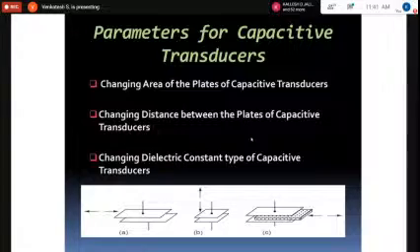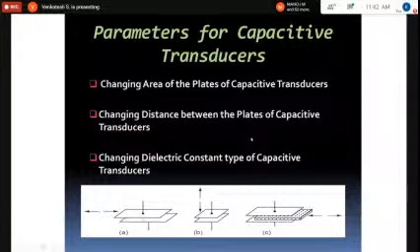So now these are the three transduction principles. One is variation of horizontal displacement leading to capacitance variation, where the overlapping area is changing because of the displacement. Again, displacement is sensed, not the area variation.